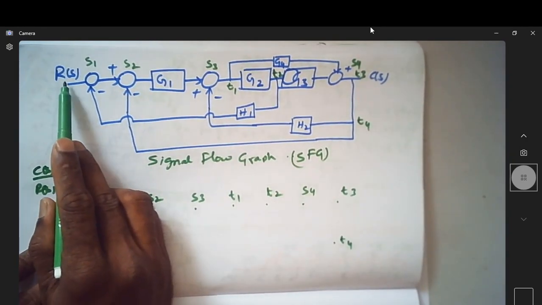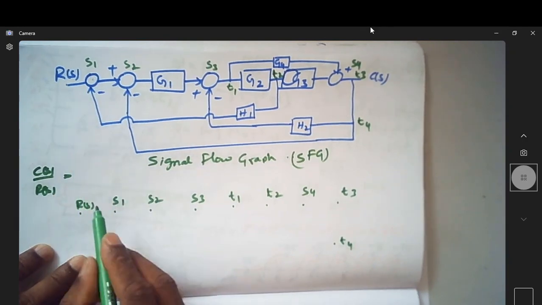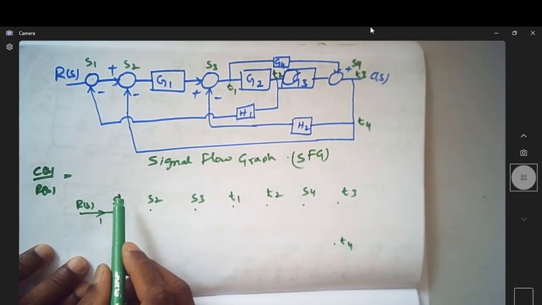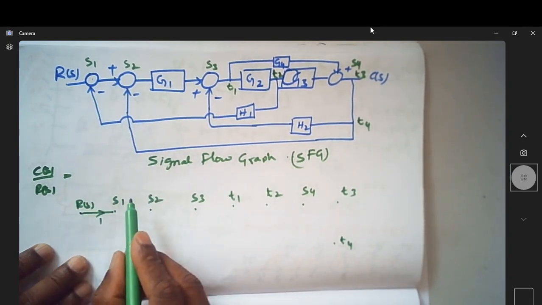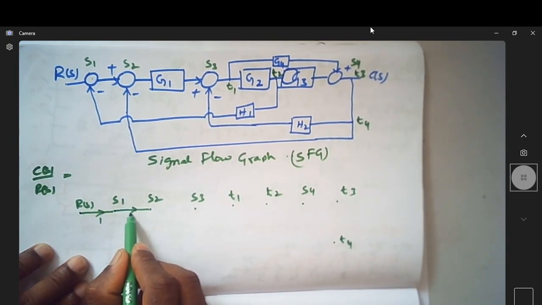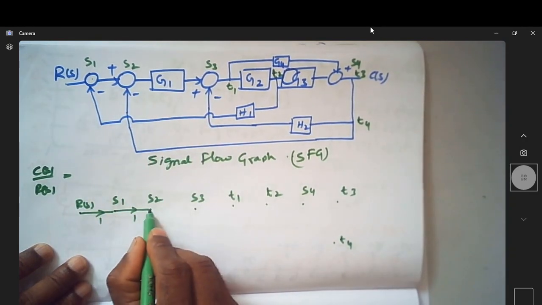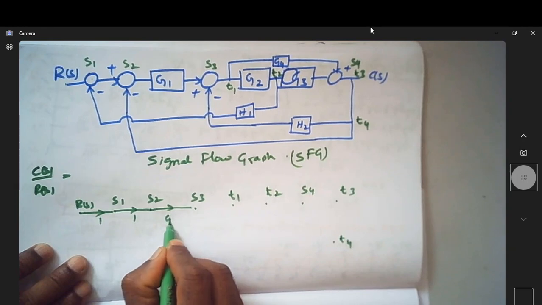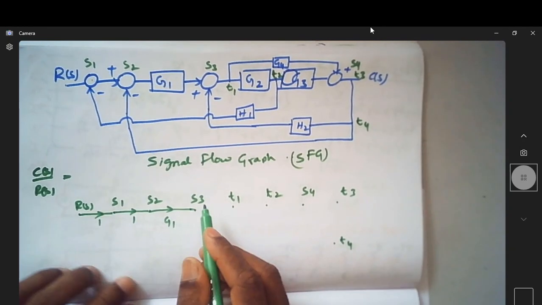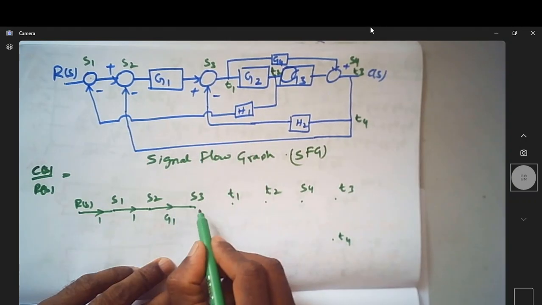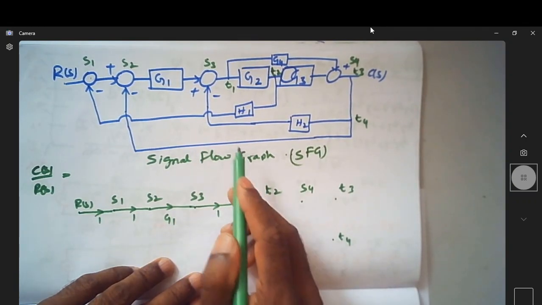So between RFS and S1 I don't have any block here, so this has a gain of 1. Between S1 and S2 there is no gain here, so it is again 1. Between S2 and S3 I have G1, so let me name this path gain G1. Between S3 and T1 there is a gain of 1.